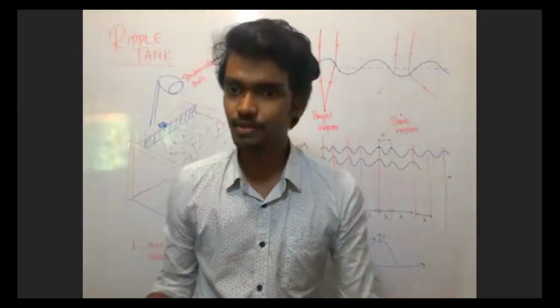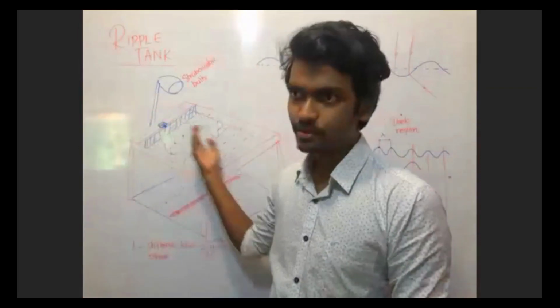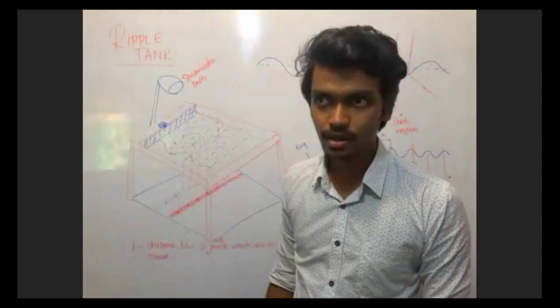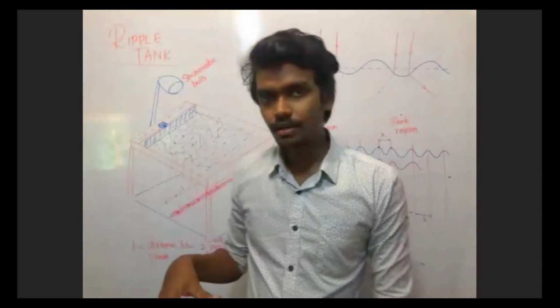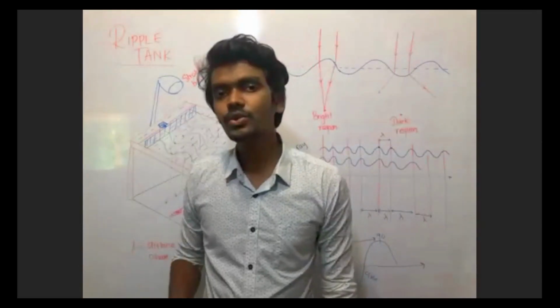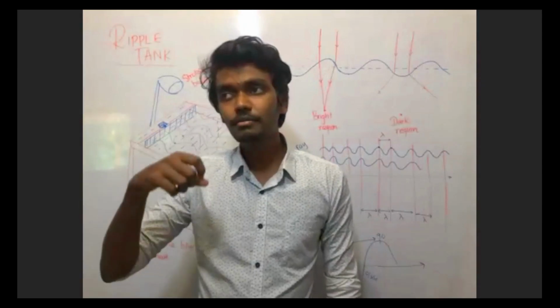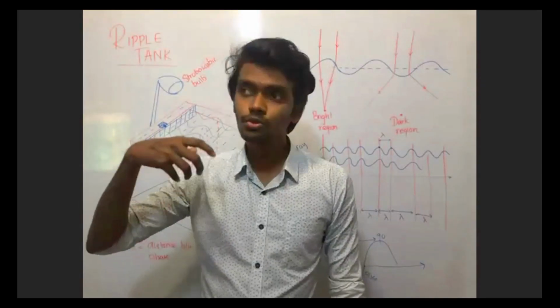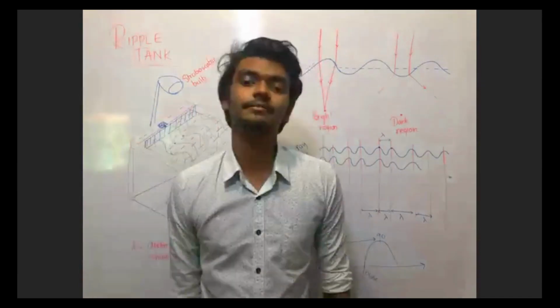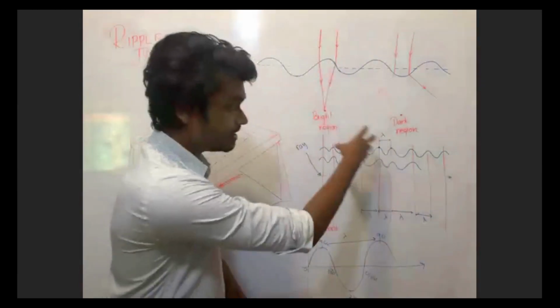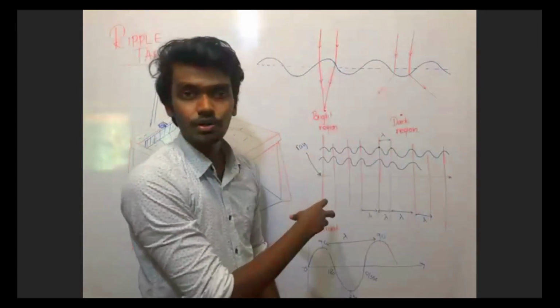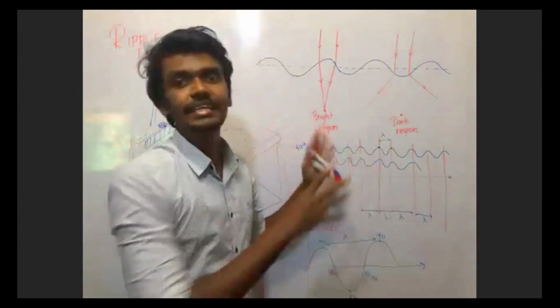That's pretty obvious, because when you vibrate, they are going to propagate forward. What you can do is make them look like they're still. You can make these wave fronts look like they're still.